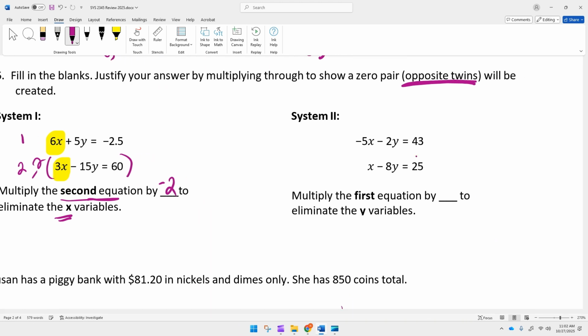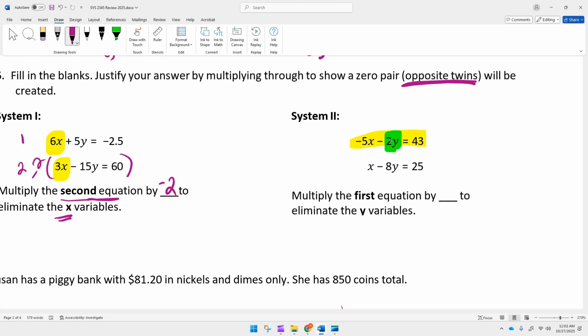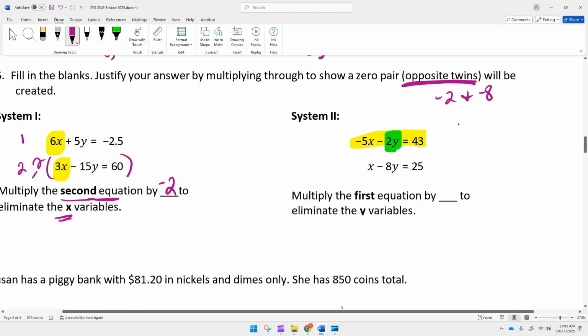Okay, the second part, we want to multiply the first equation, that's this one, by a number that will eliminate the y variables. So I've got negative 2 and negative 8. That means I need to turn that negative 2 into positive 8.